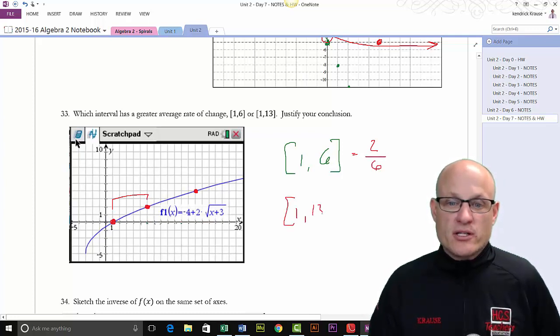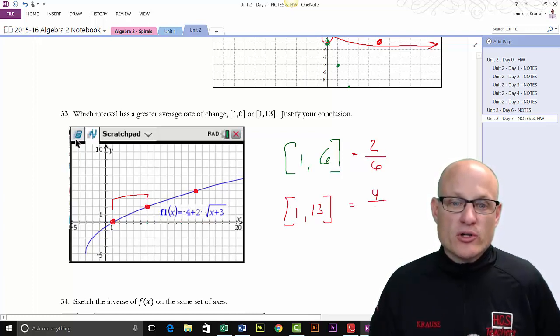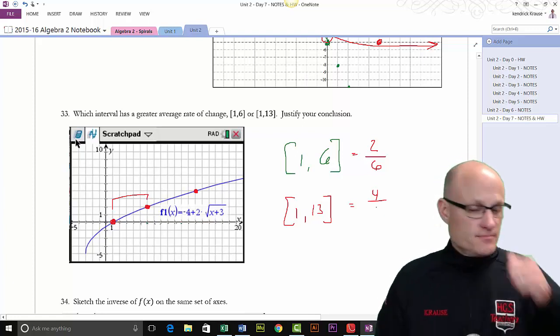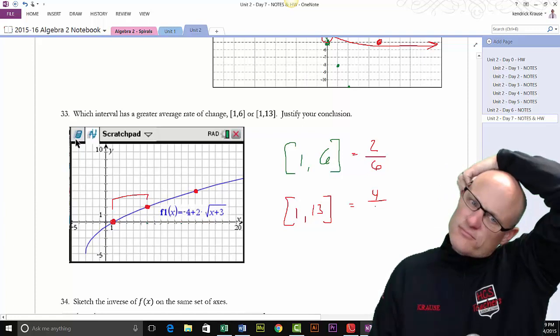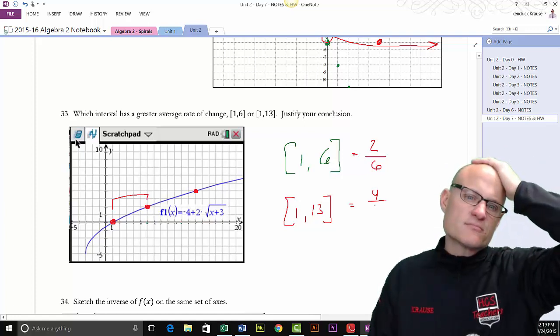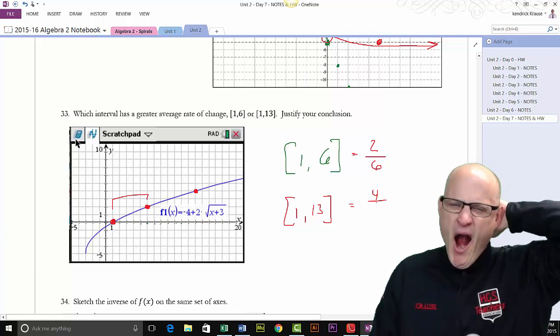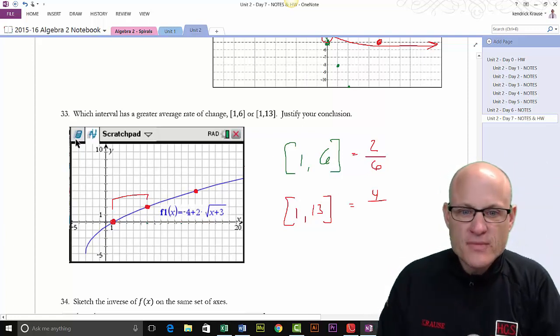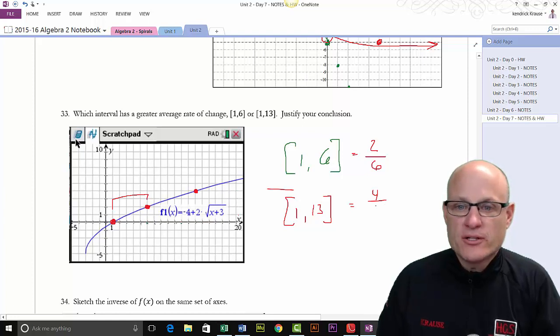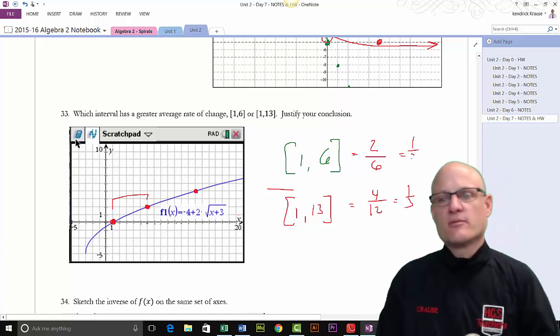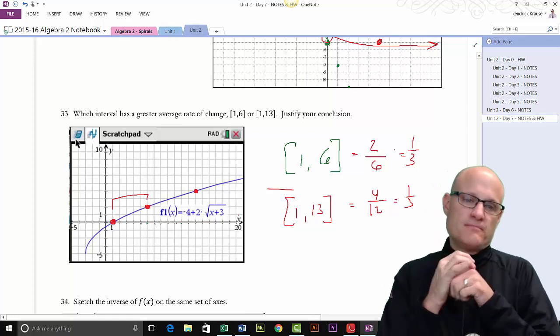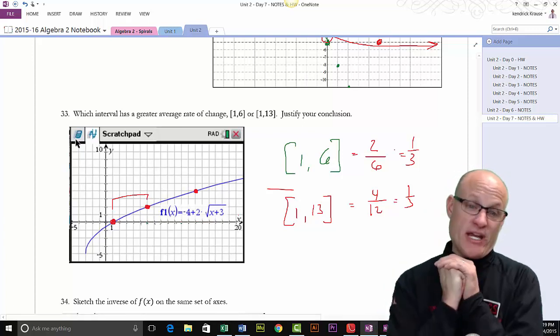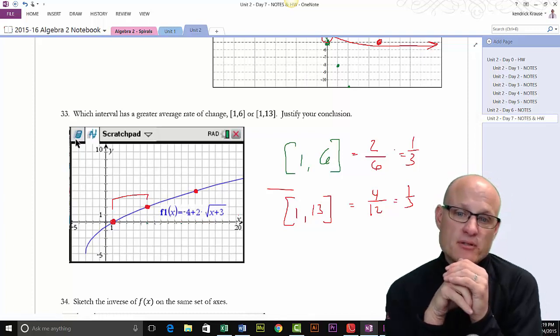From 1 to 13, we're going to go up 4 and over 12. Oh, this is 1/3. And this is 1/3. Uh-oh. They have the same average rate of change? Can't be.